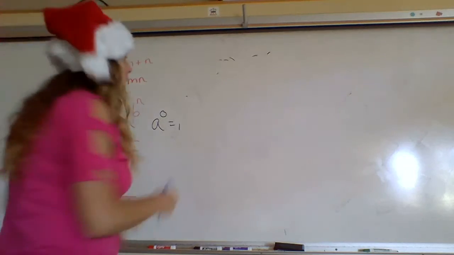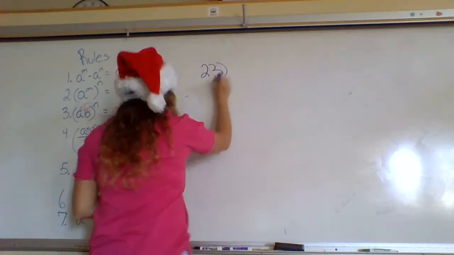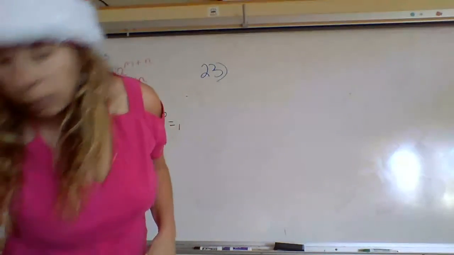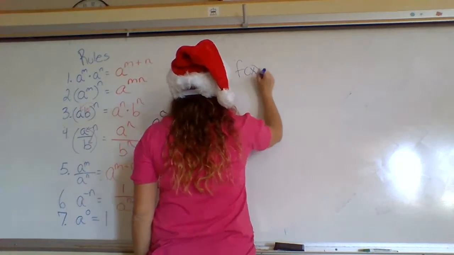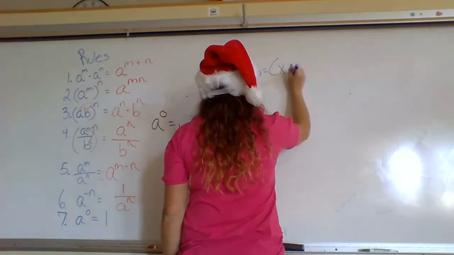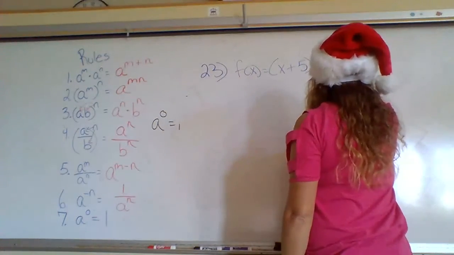Let's just do 23. Why not? f of x equals x plus 5 times x minus 4.